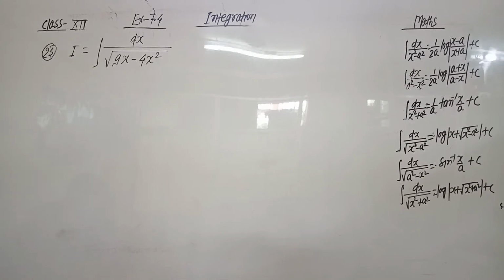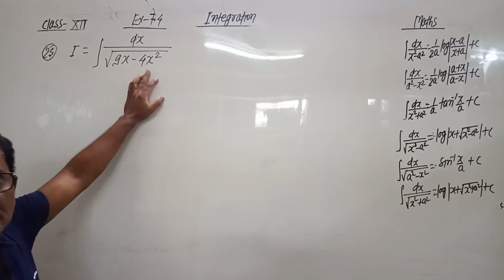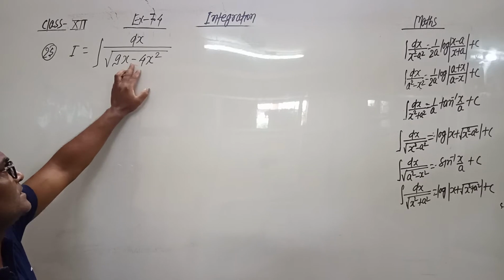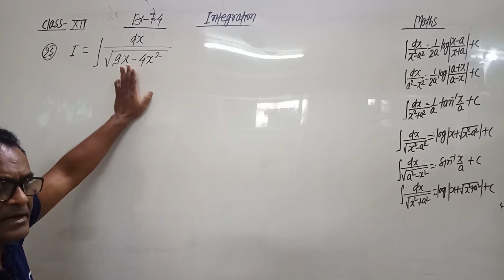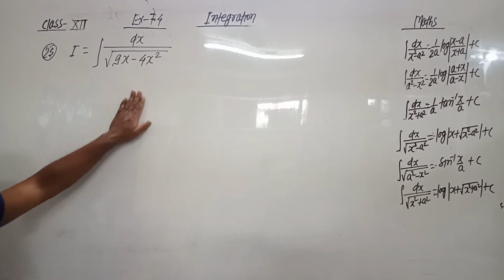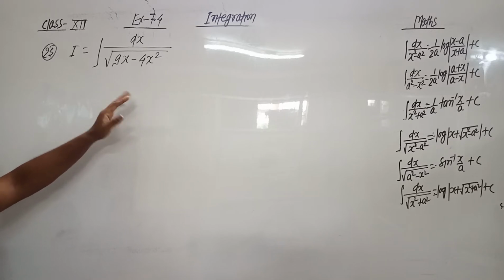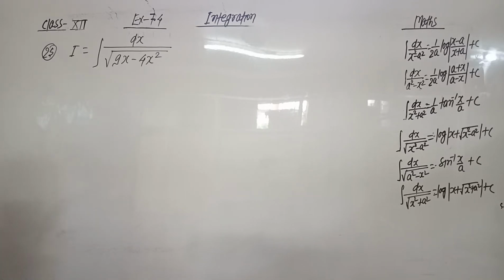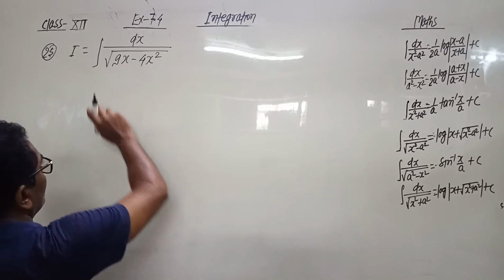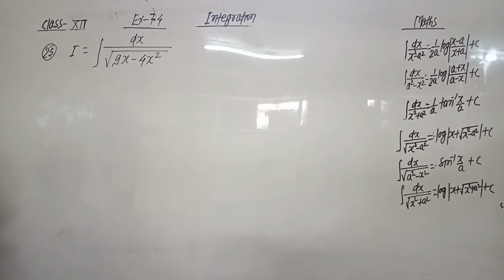Dx upon under root of 9x minus 4x square. So here the term containing x square is negative. That must be positive. The term x square must be positive. So we will make it positive by taking minus as common.